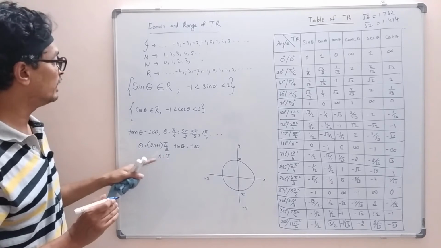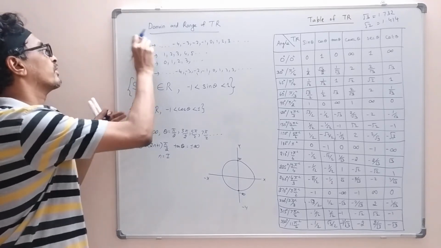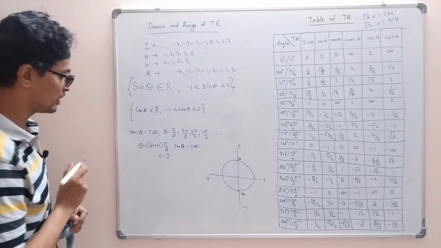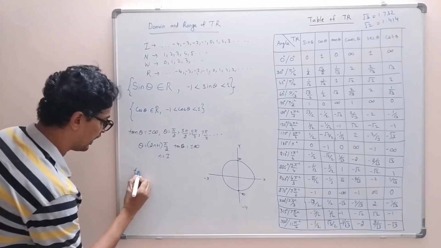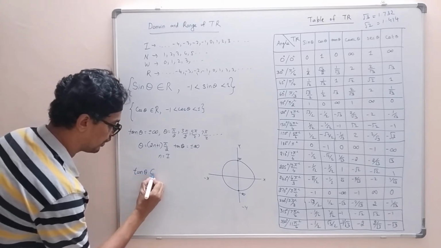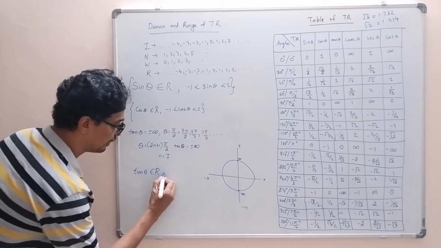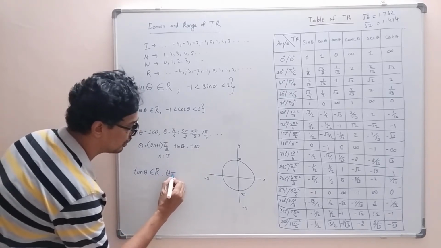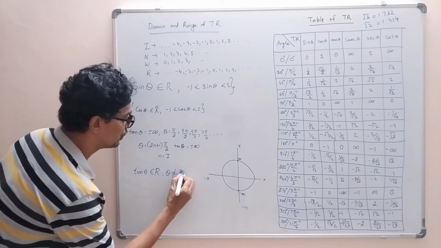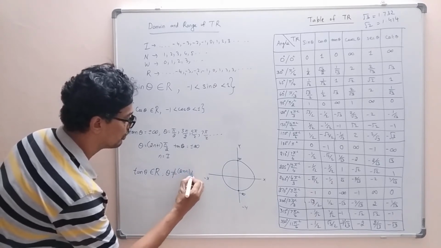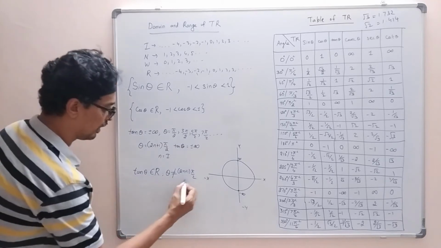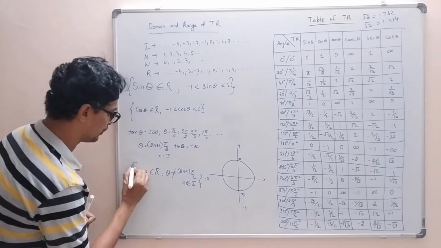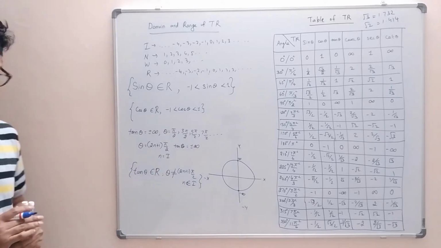So the domain of tan theta: tan theta is an element of the real numbers only when theta is not equal to (2n plus 1) pi by 2, where n is an element of the integers. This gives you the domain of tan theta.